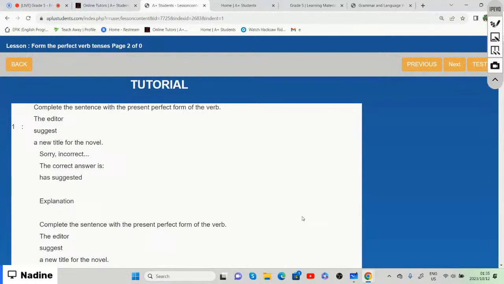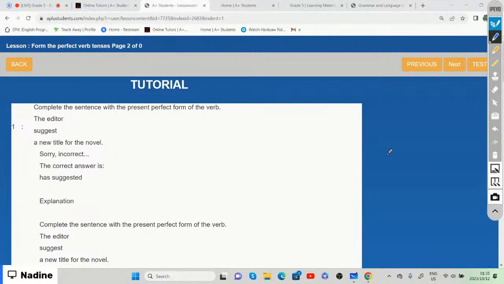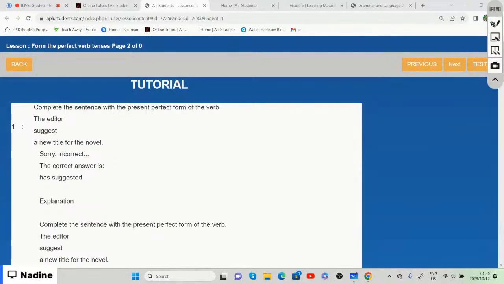The editor suggests a new title for the novel. So basically it's have suggested.